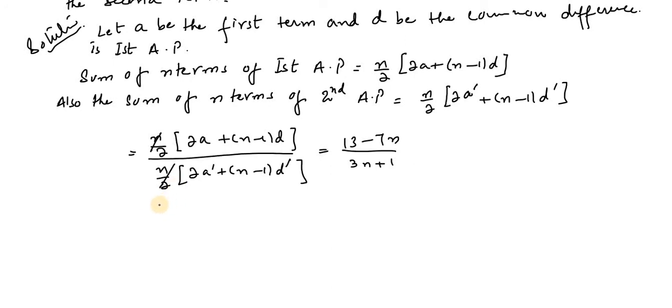So we can take 2 as a common factor: a plus n minus 1 of 2d.